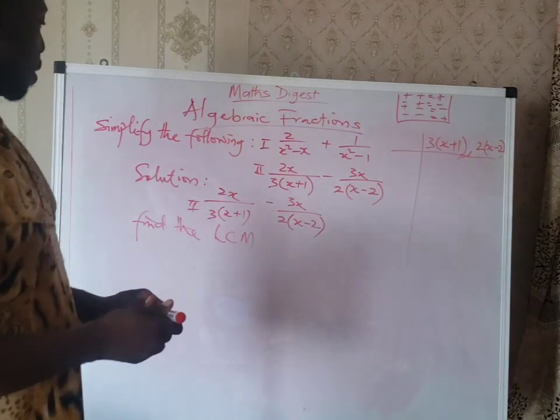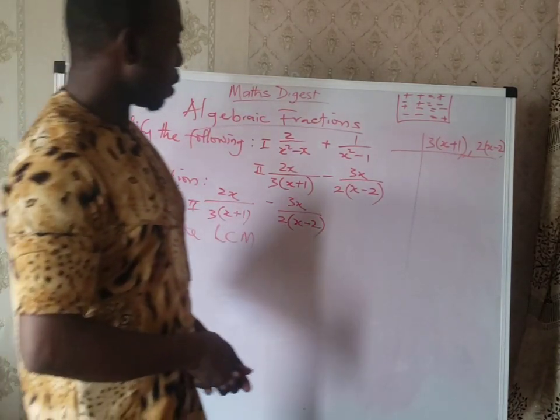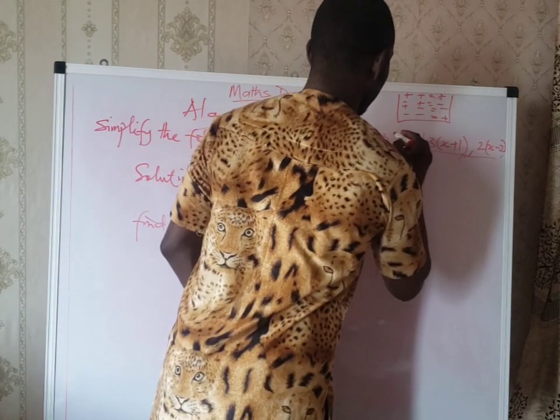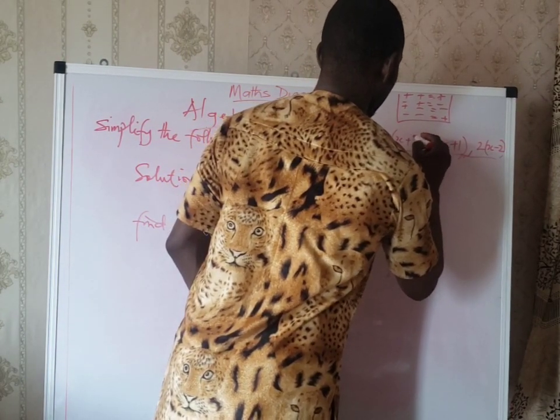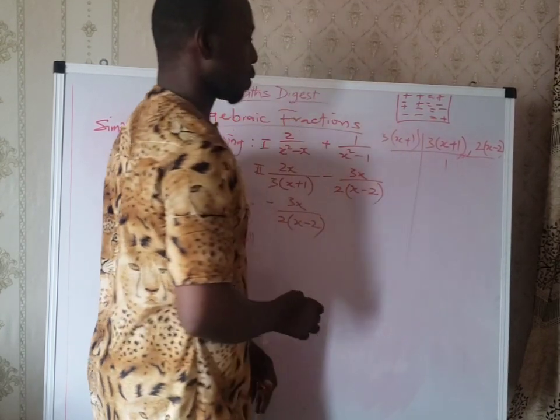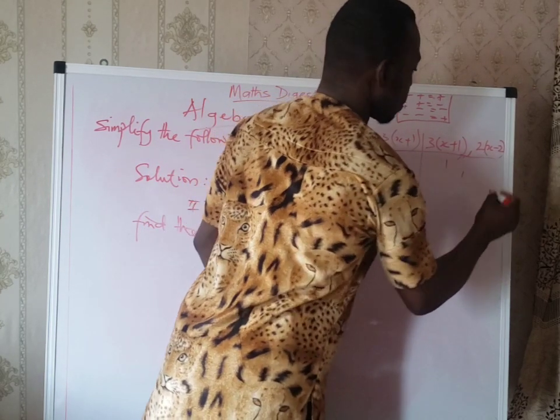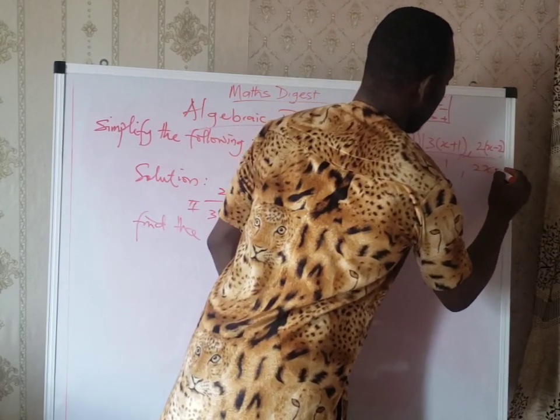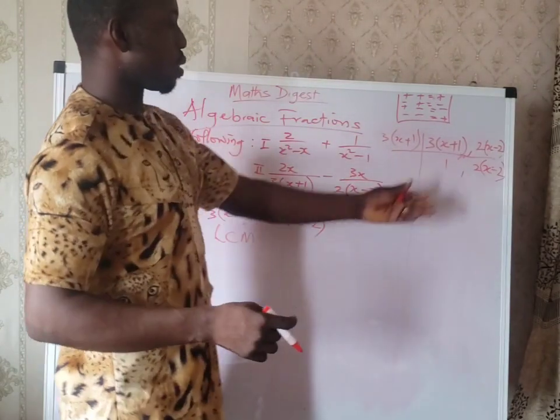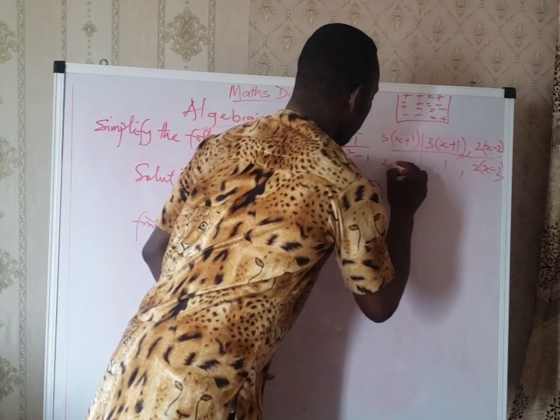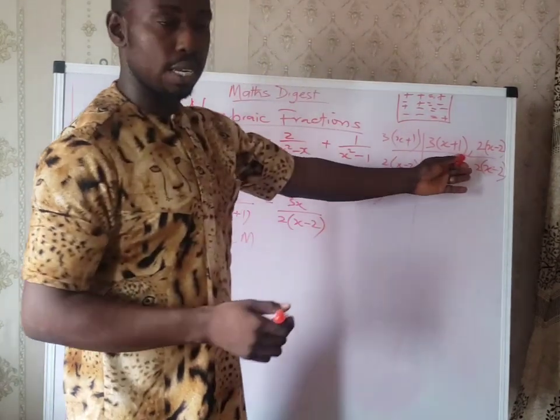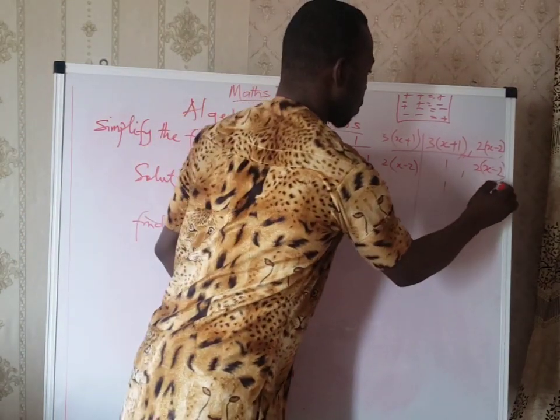Now looking at this, we use the first one to divide. The first one divides off, it will cancel only this one, and we're left with this. So we still take this to divide again. When we use this to divide, we reduce them to 1, 1.